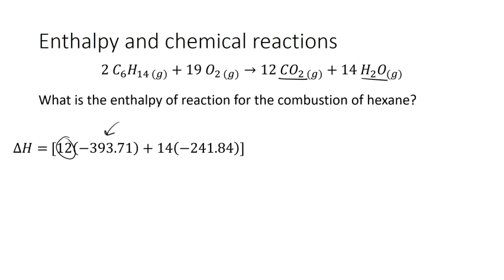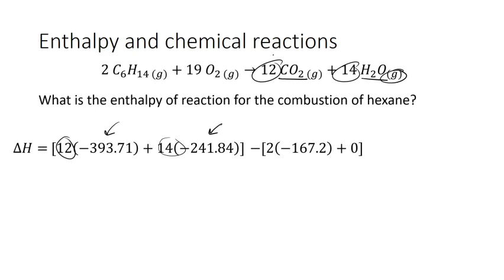We multiply it by 12 because there are 12 CO2s in this reaction. Then we look up water vapor, which is specific because water vapor and liquid water have different heats of formation. That is negative 241.84 kilojoules per mole, and because there are 14 moles in this balanced equation, we multiply that by 14.